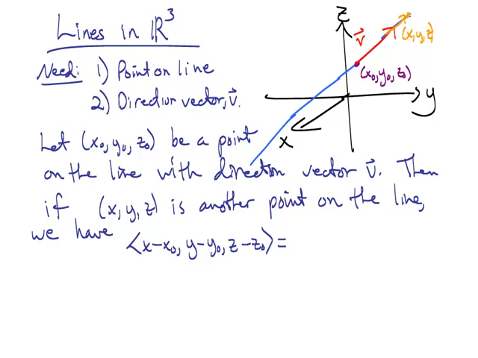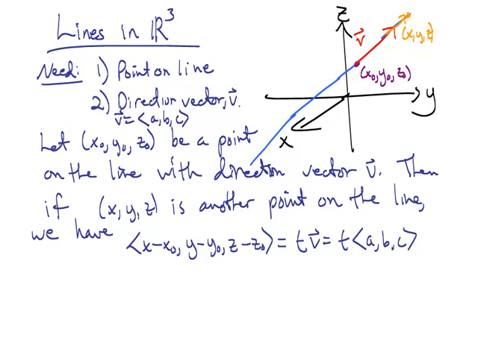No matter where I pick my x, y, z on my line, I can multiply the direction vector v by some positive number or some negative number if it's going in the opposite direction to get that vector from x naught, y naught, z naught to x, y, z. That changes the length of it. So that's going to equal t times v, let me go ahead and write this as t times a comma b comma c. So let's let our direction vector v be the vector with components a, b, c, just in general terms.